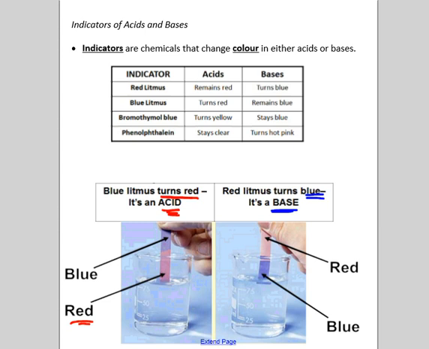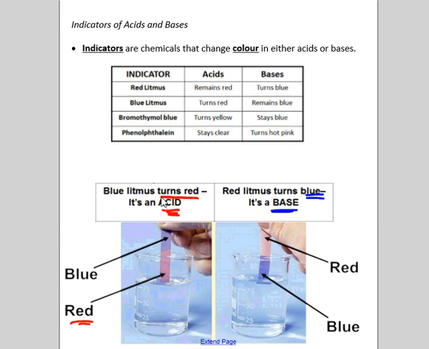Two other tests that we can use are bromothymol blue and phenolphthalein. These are indicator solutions. Bromothymol blue, if I put a few drops into a solution, will turn yellow if the solution is acidic, and stay blue if the solution is basic or neutral. Phenolphthalein is a clear liquid.